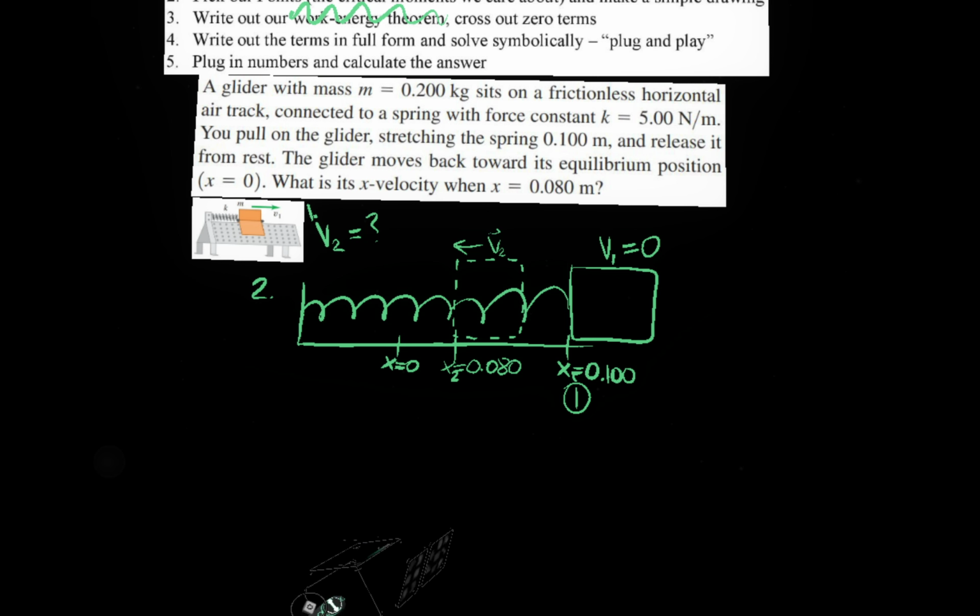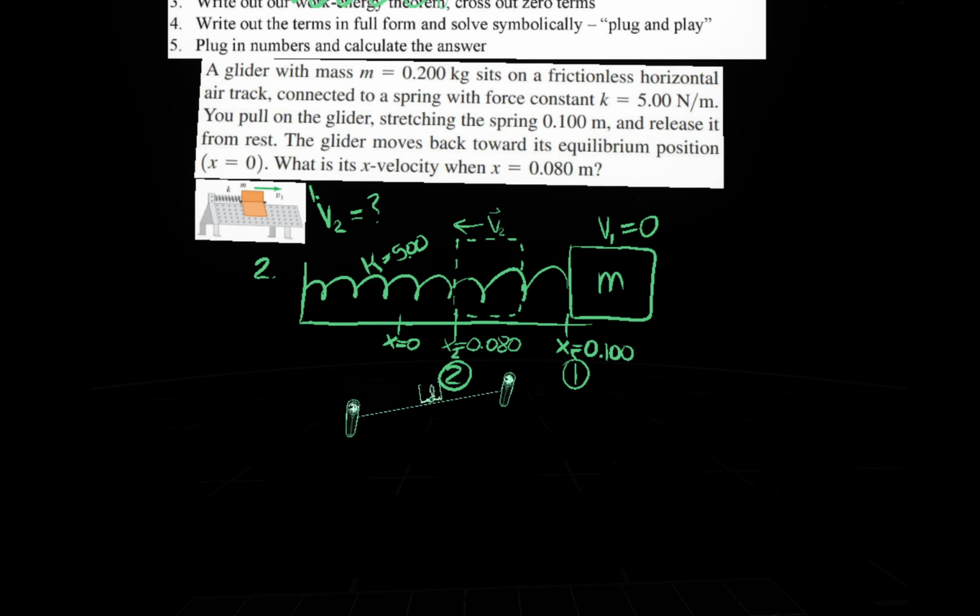Right? So we already have some things, and this has some mass, and the spring constant is 5 Newton meters. So we can fill it out more and more if you like, or you can go with what we have here. We've identified our point 1 and our point 2.